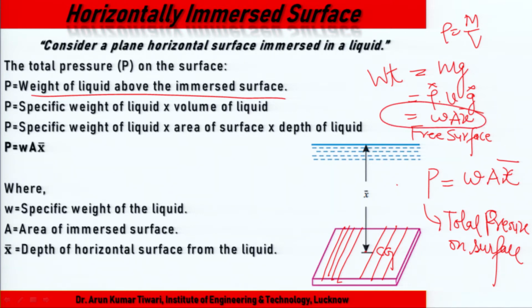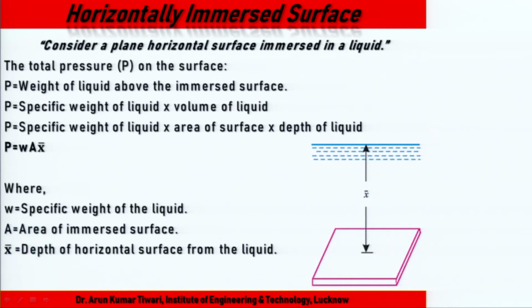So the total pressure exerted equals w A x bar, or gamma A x bar, where w is the specific weight.